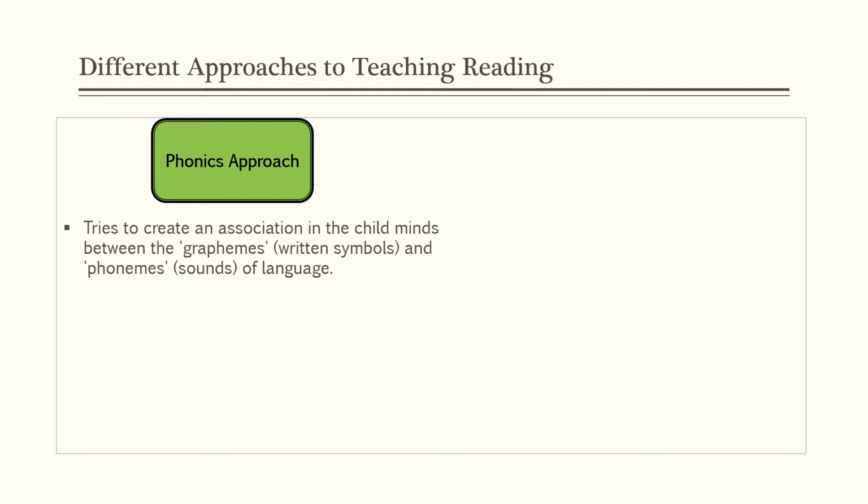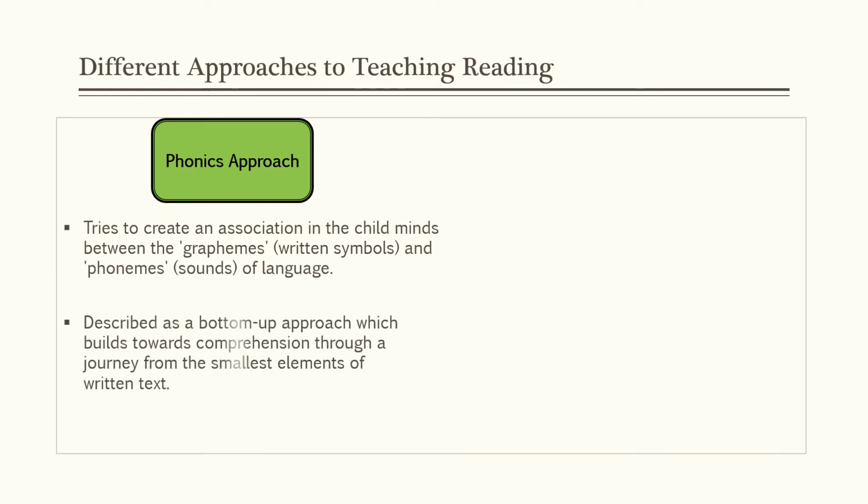The teachers aim to build familiarity and comfort with the basic building blocks of written text. The phonics approach is described as a bottom-up approach which builds towards comprehension through a journey from the smallest elements of written text. Once the child has achieved this proficiency, the teachers then encourage them to blend the individual written elements together to produce whole new words.